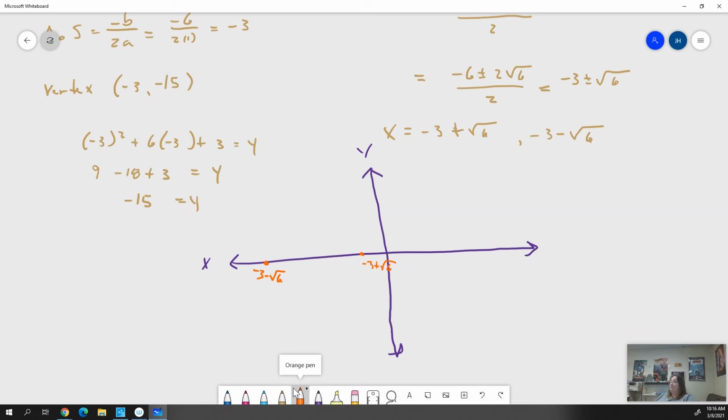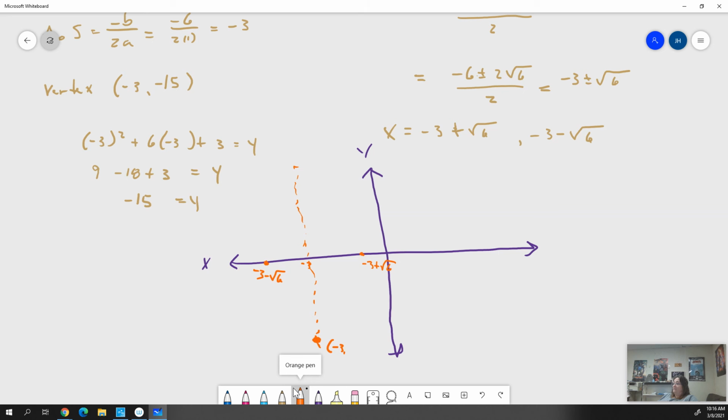We also know that our axis of symmetry is going to be here somewhere in the middle of these two, where we are calling it minus 3, right? They're really much closer to each other, but what do we know about this vertex that we have? We know that its point is going to be down here somewhere at like negative 15.